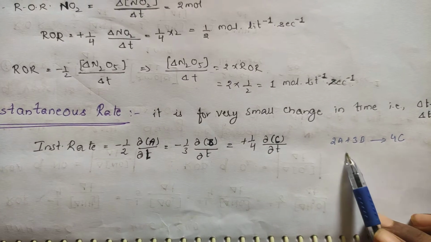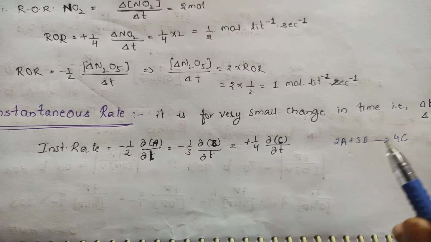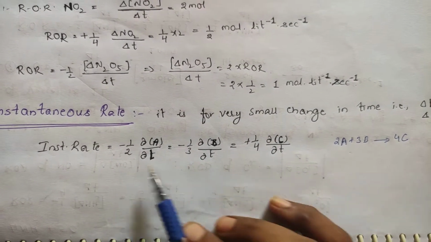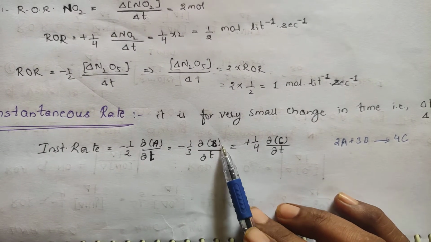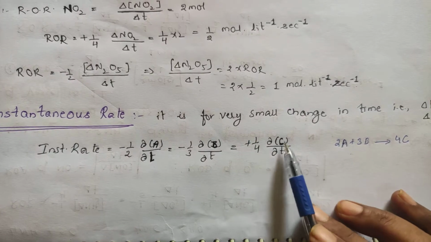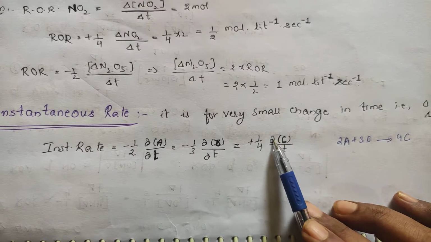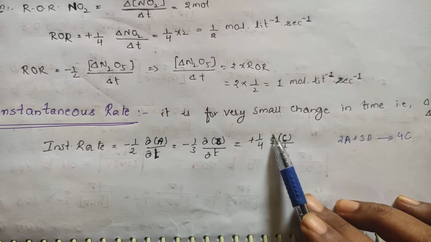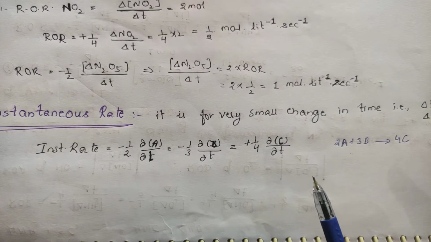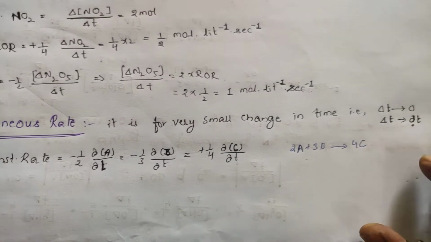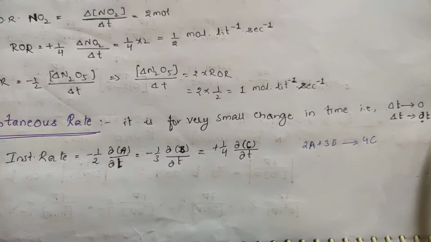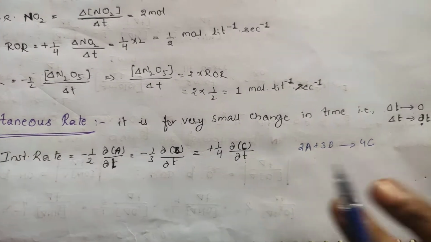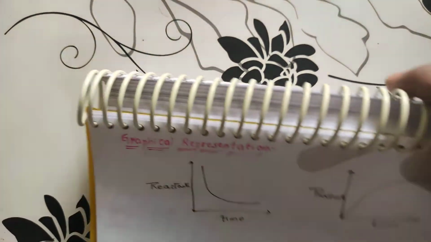If I ask the instantaneous rate, what will you write? Reactants have the minus sign: minus 1 by 2 dou A by dou T is equal to minus 1 by 3 dou B by dou T is equal to plus 1 by 4 dou C by dou T. Instead of delta, you will be writing dou because this is the instantaneous rate you are asking. So delta t will be very close to 0 and is represented as dou t. Right, students? So in this way, you will be calculating that.